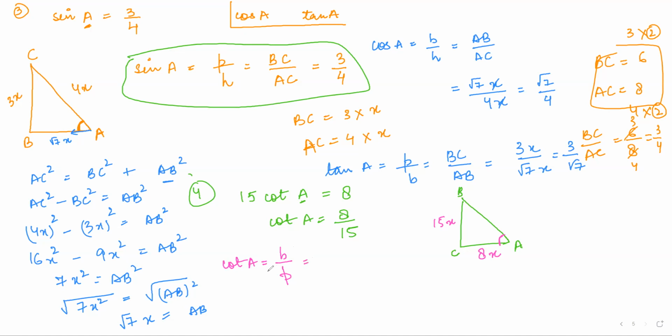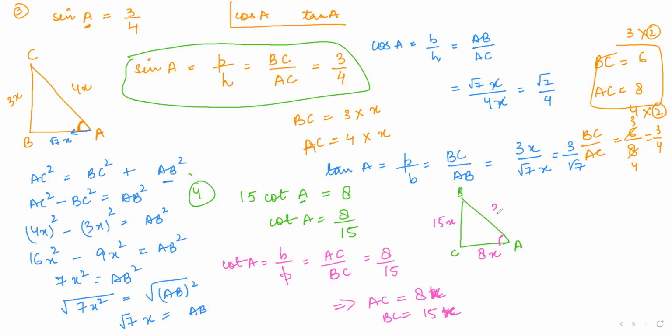For angle A, base is AC, perpendicular is BC. This ratio is already given, which is 8 by 15. So it implies that AC is 8 of x or 8 of k, and BC is 15 of k or x, whichever you want to write, any number. So AC is 8x, BC is 15x.